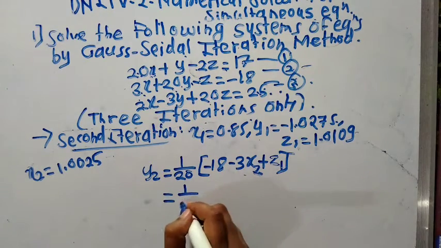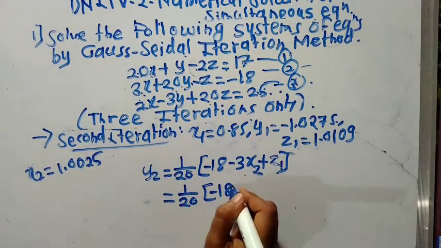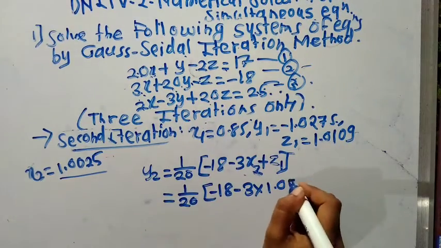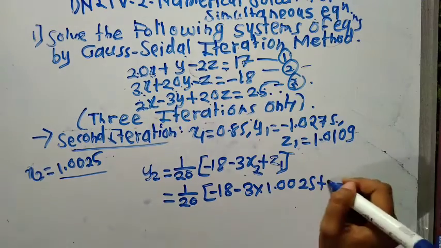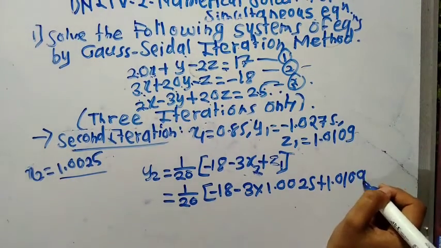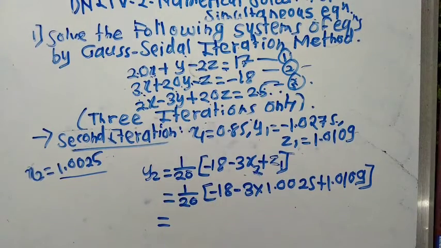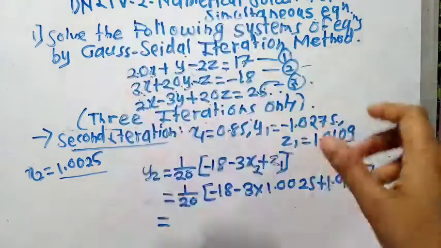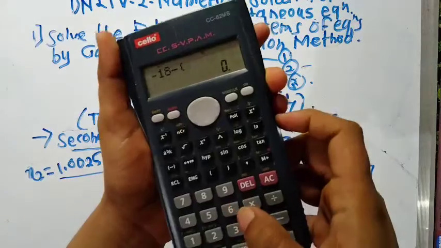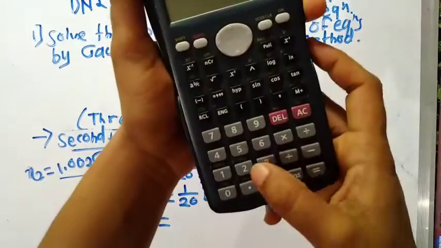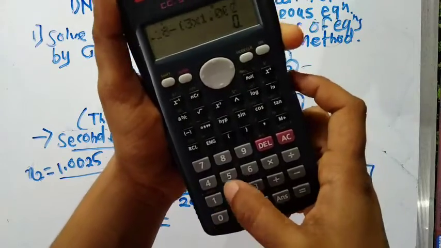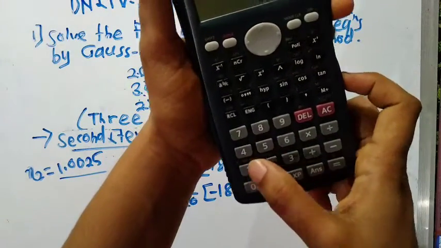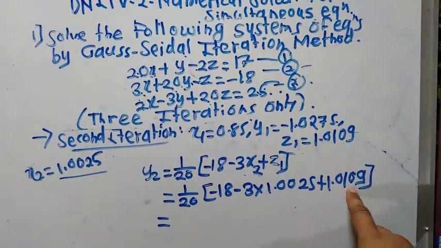Which is equal to 1 divided by 20 minus 18 minus 3 into x2 is 1.0025 plus z1 is 1.0109.